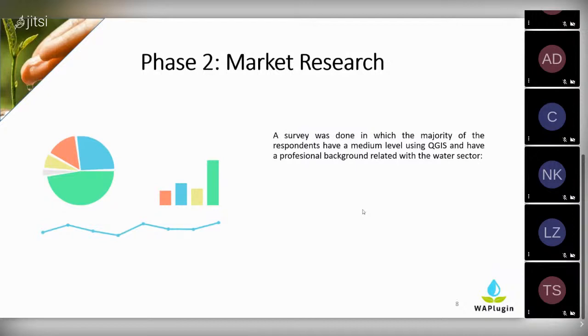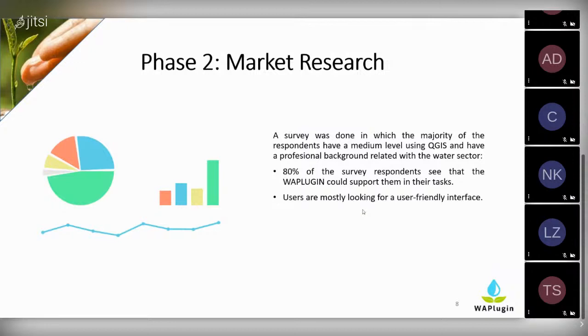Some of the results were that 80% of the survey respondents see that the WaPlugin could support them in their tasks. Also, users are mostly looking for a user-friendly interface, and users are not willing to pay for the tool license. So taking this into account, we created our business model.